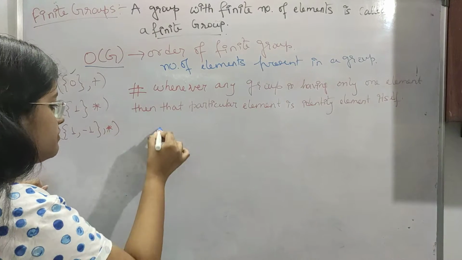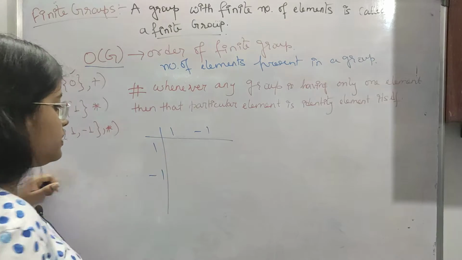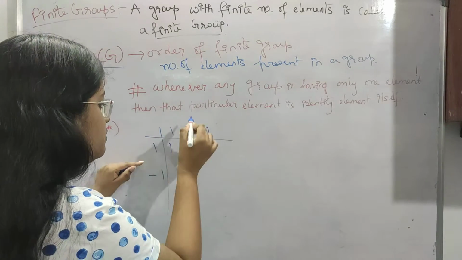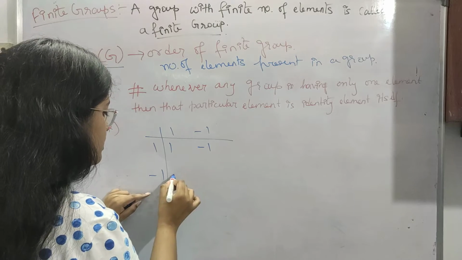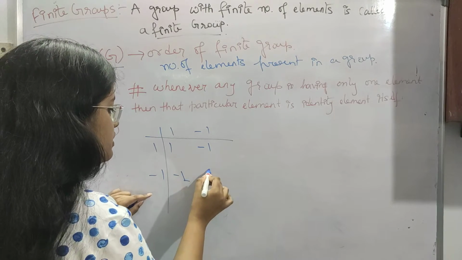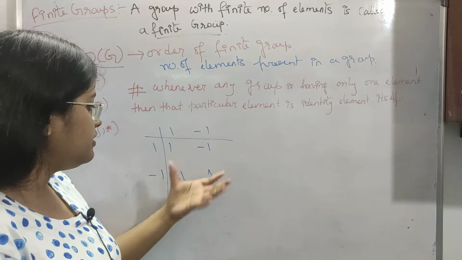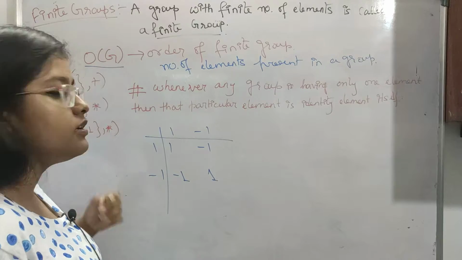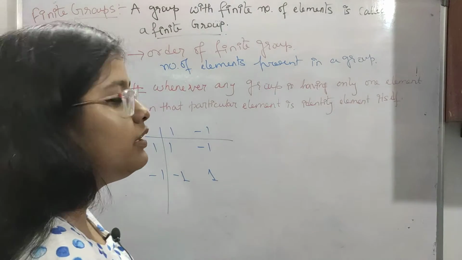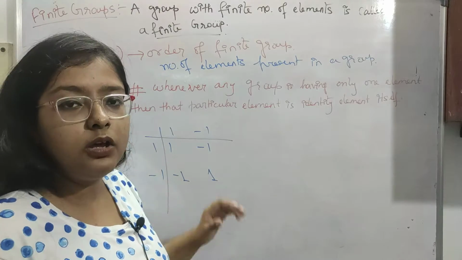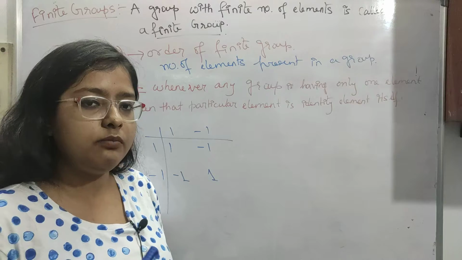Now 1 and minus 1: 1 into 1 is 1, 1 into minus 1 is minus 1, minus 1 into 1 is minus 1, minus 1 into minus 1 is 1. So this is closed under multiplication. We will see more complex examples while we are solving GATE questions. This is a basic example.